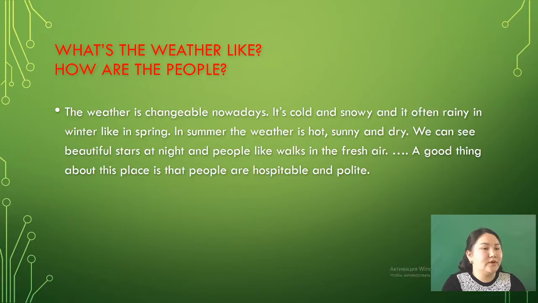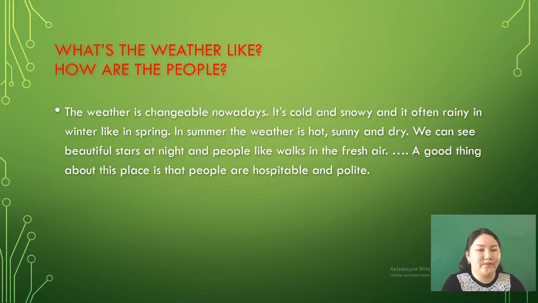Next question you could answer when you are describing a place: what's the weather like? You can talk about the weather and how the people are in your town or in your city or village. So the weather is changeable nowadays. It's cold and snowy. It's often rainy in winter, like in spring. In summer, the weather is hot, sunny, and dry.